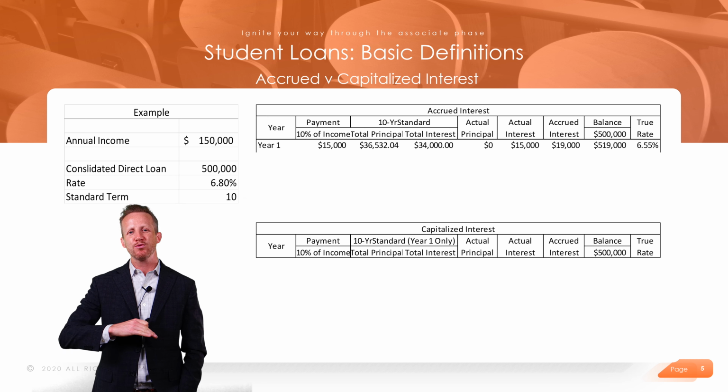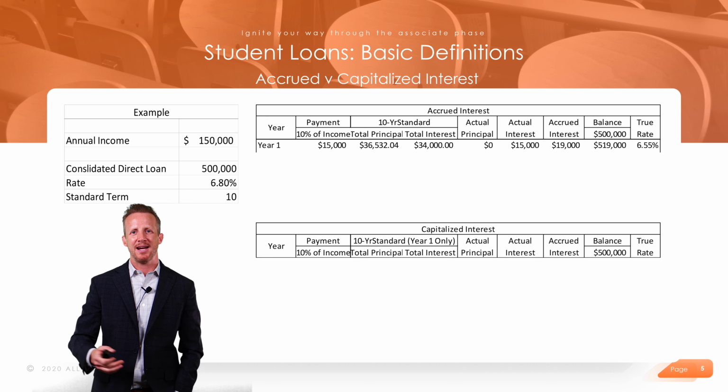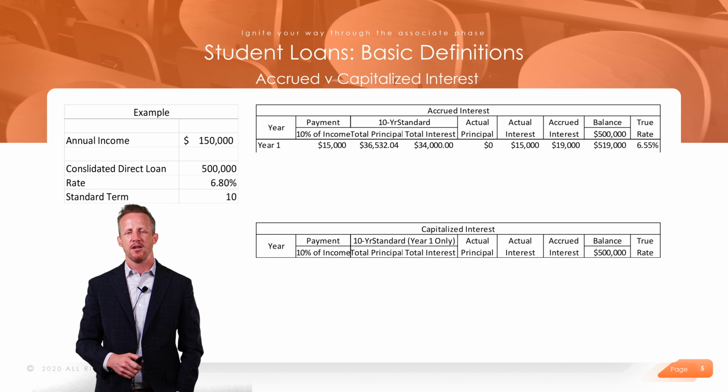Yes, it gets added to the balance of your loan, which you can see if you continue right on the table. The balance of your loan at the start was $500,000. Well, at the end of year one, it's now $519,000 because you didn't pay $19,000 of interest. So now, at the beginning of year two, your balance is $519,000.